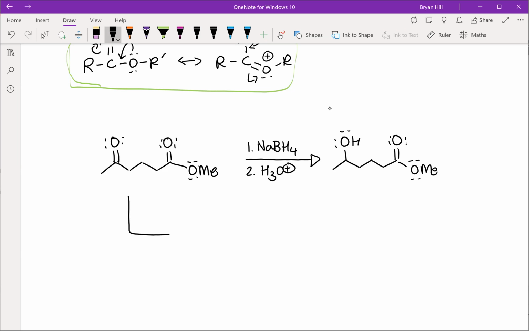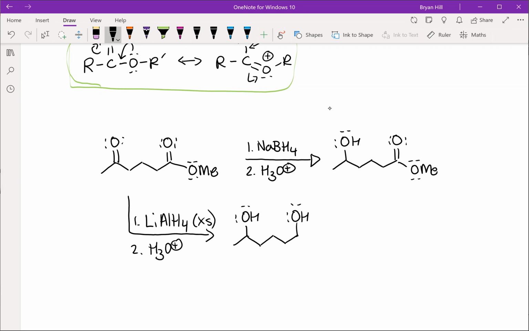If you did the reaction with lithium aluminum hydride, and we're assuming there's an excess here, you reduce the ketone, but you also end up reducing the ester.